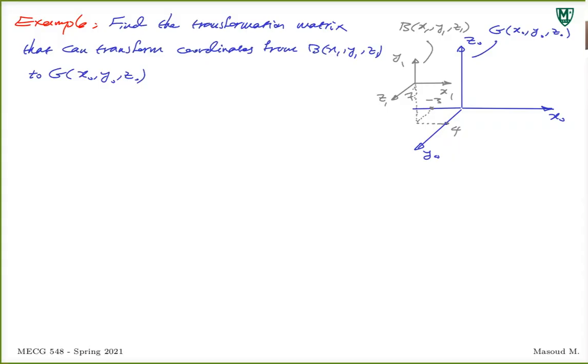The way you look at this is that you start with your body frame exactly where your global frame is, or you put your secondary frame exactly where your first frame is at the beginning. They should be exactly on top of each other, with axes in the same directions. So here is what you do.